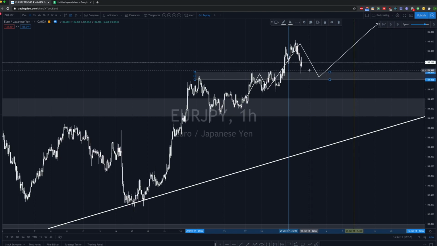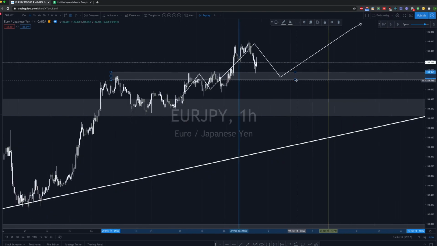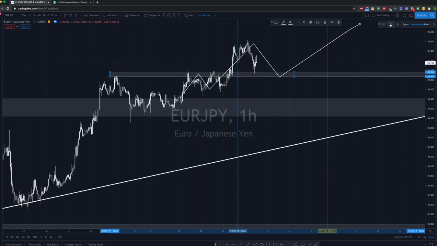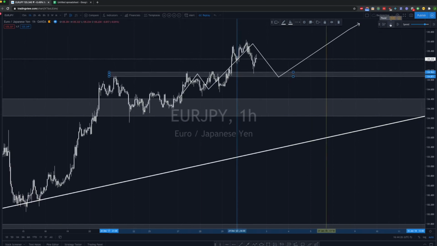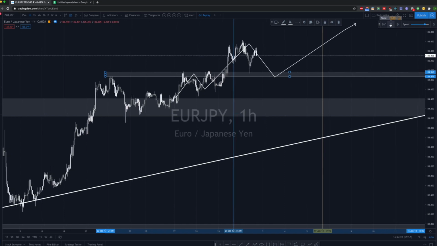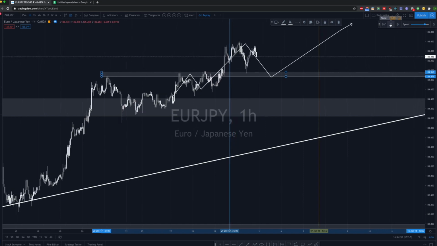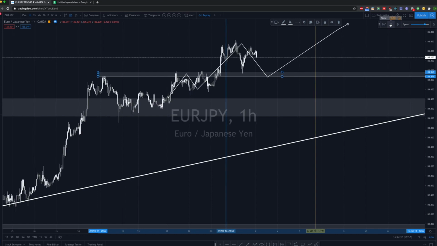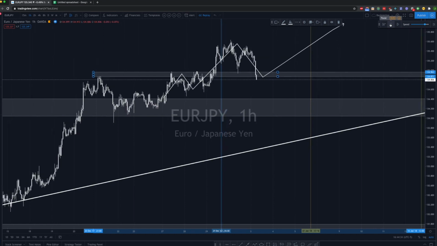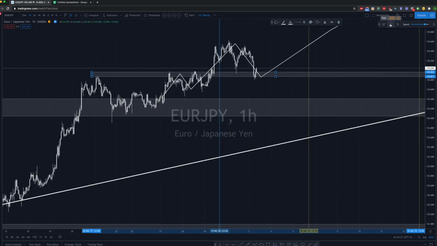I probably want to see it push just a little bit deeper into the level, really test it. Since we got that rejection from these highs, I think that's the most relevant zone. So let's see. Although it looks like we missed an opportunity there. Anyway, if price comes back, here we go.